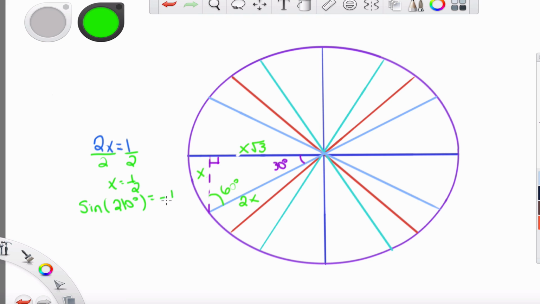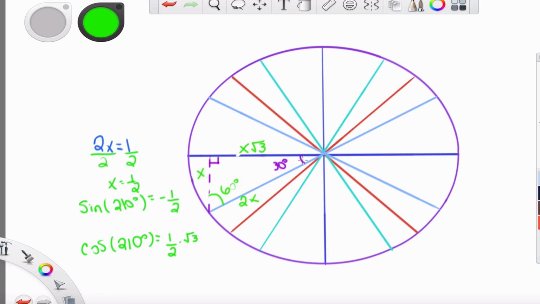is negative 1/2, once again because sine is the vertical distance. We know that the vertical distance in the third quadrant should be negative. For cosine, we have x times the square root of 3, which will be 1/2 times the square root of 3.